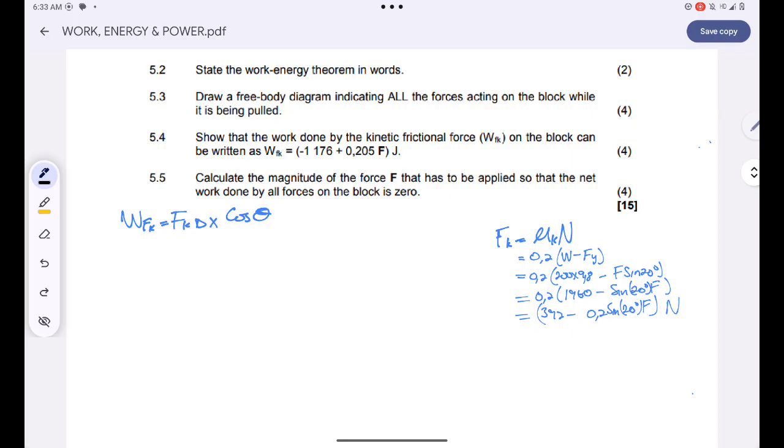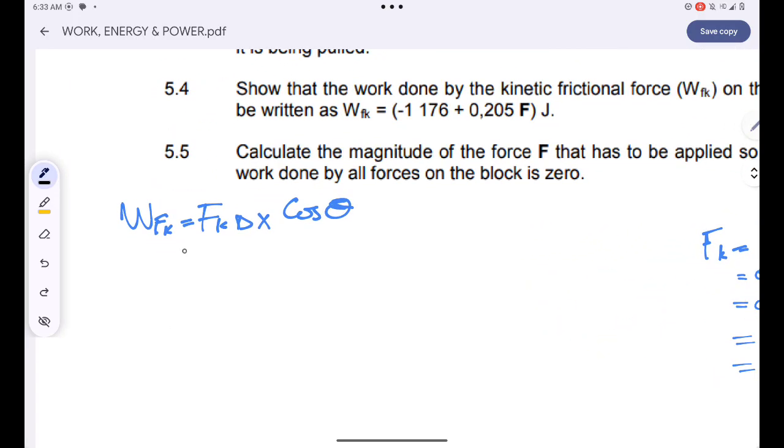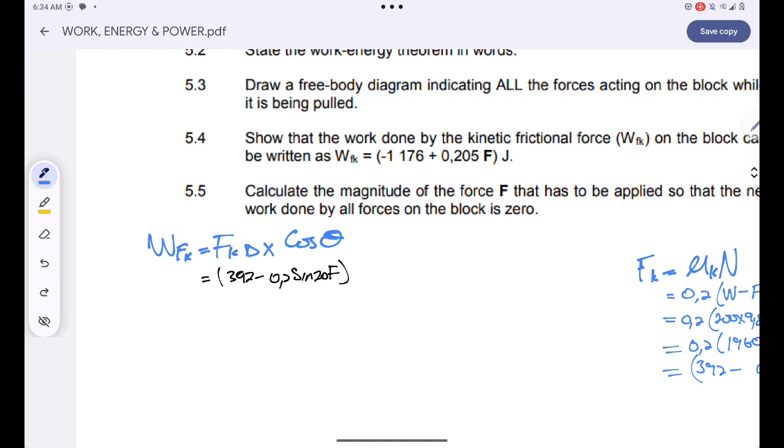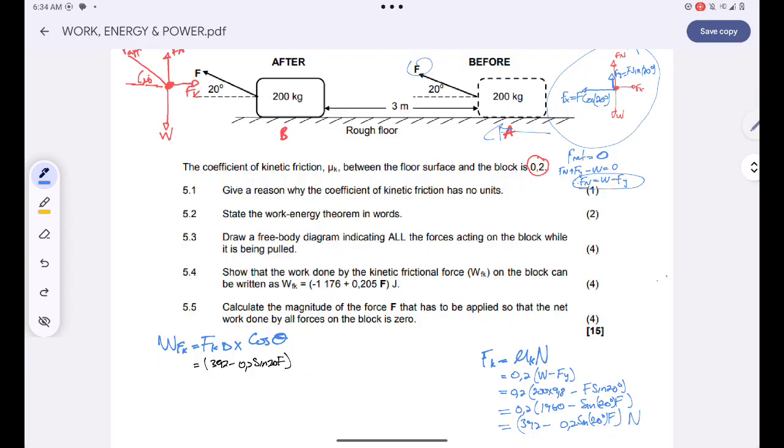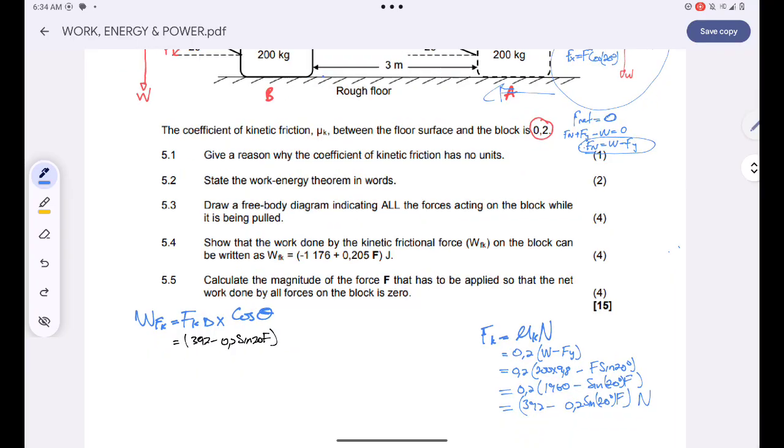So frictional force, we know that it is equal to 392 minus 0.2 times sine of 20 degrees multiplied by F. The distance covered by the block, for work done by frictional force, is 3 meters.